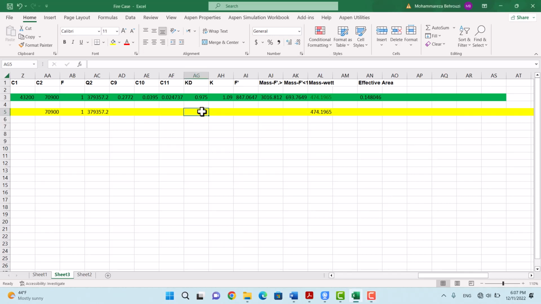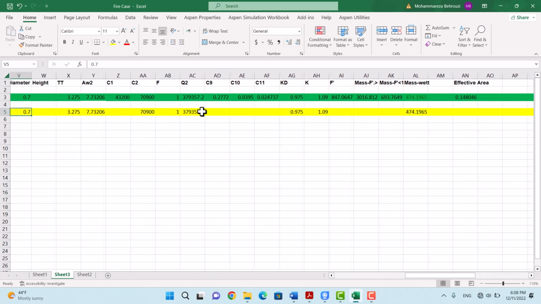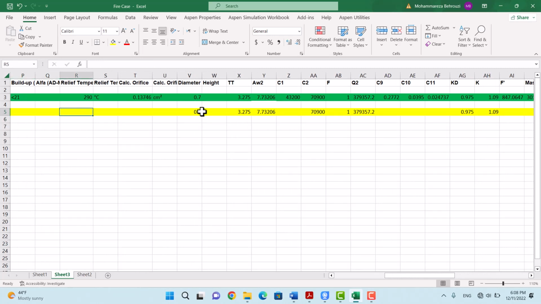Kd, for instance, should be this value, as we talked about. And the Kc value, as we stated, is this value. And the relief temperature, based on the Aspen HYSYS calculation, is this value.